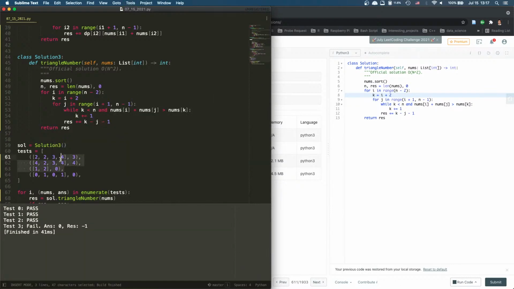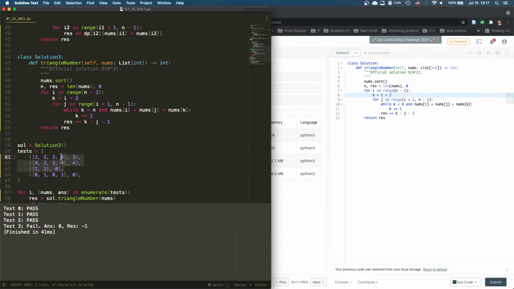Alright, let's take a look at the last one. So what we have is 0, 0, 1, 1, right? Starting i is here, j is here, and k is here, and we say num is larger than the target, so res equals k minus j minus 1, that's 0, right?